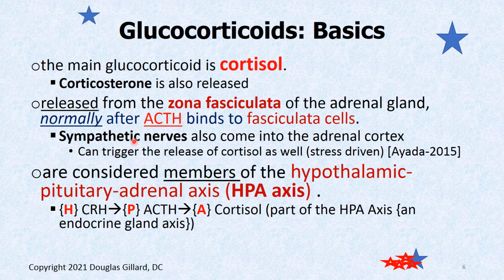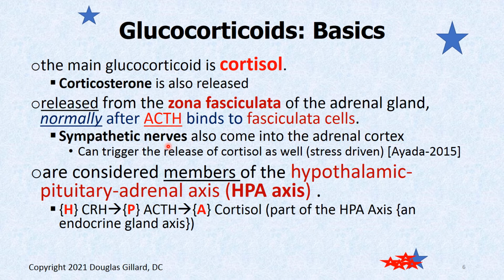I haven't said this yet, but sympathetic nerves also plug in to the zona fasciculata, and an over-outflow of sympathetic flow out of the vasomotor center, usually driven by stress, can stimulate the release of cortisol as well. We talked about how overproduction of ACTH does that via the HPA axis.